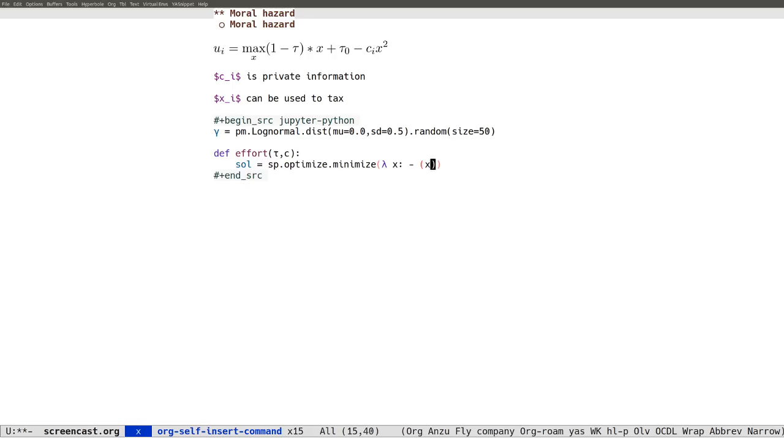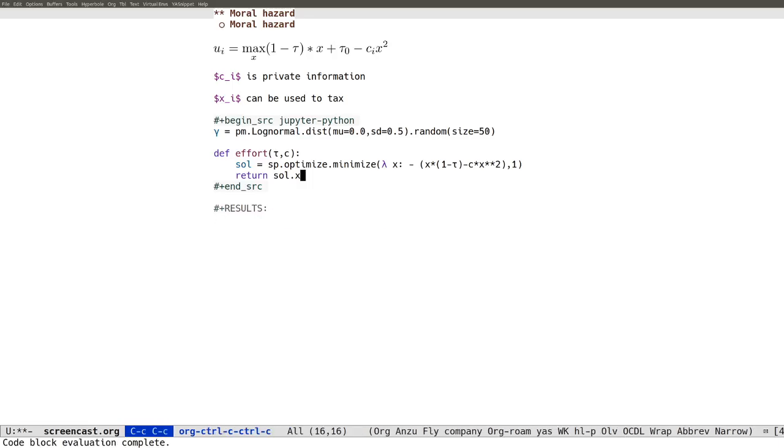And utility is going to be equal to X times (1 minus tau) minus C times X squared. I'm leaving out tau 0 here because it does not affect the optimization problem, so it simplifies notation a bit. And then from this optimization problem, I return the value of X that optimizes this objective function, so it minimizes minus utility.